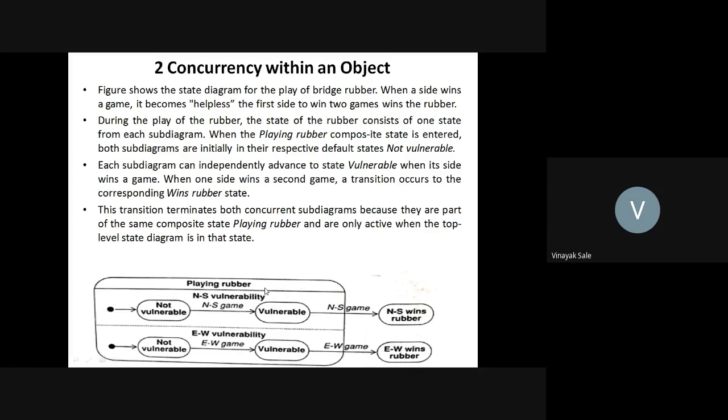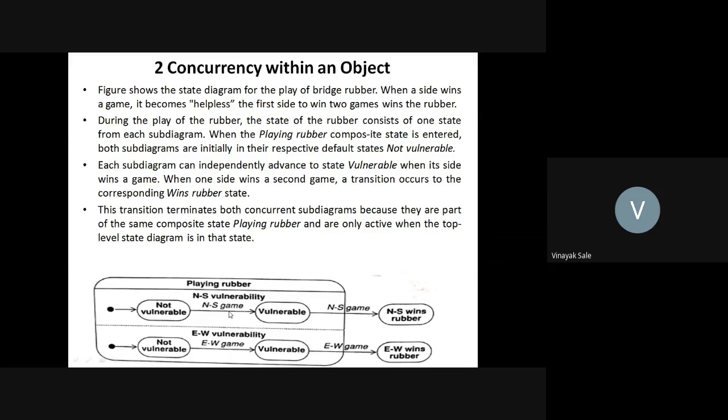Either they are playing north-south, NS, or east-west, EW. If north-south wins, it is north-south wins rubber, or else east-west wins rubber.